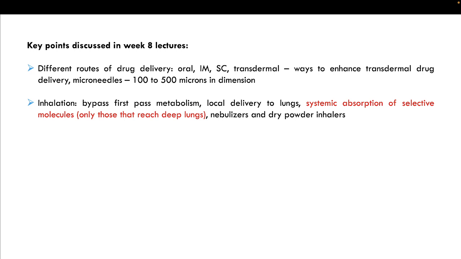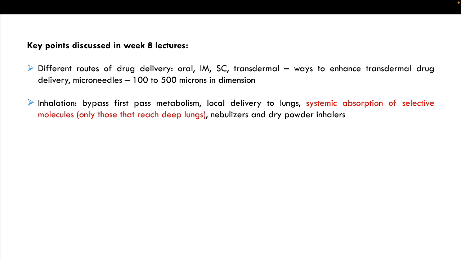But in a few cases, if you want the drug to be delivered to the blood through the inhalation route, then it becomes a little difficult, because now your drug has to have a very specific dimension. It has to be small enough to reach the deep lungs. Deep lungs meaning the alveolar sacs.